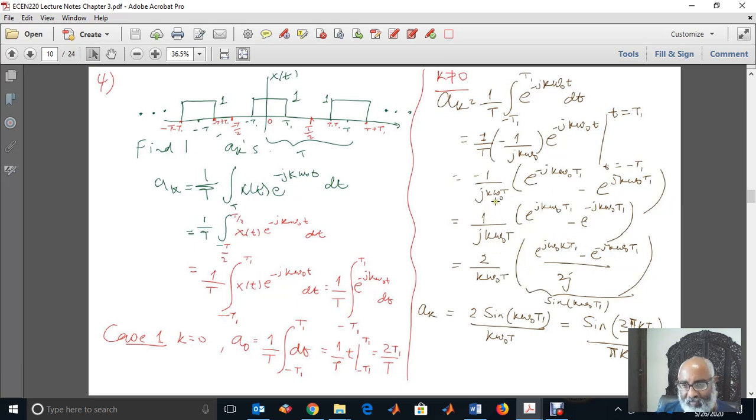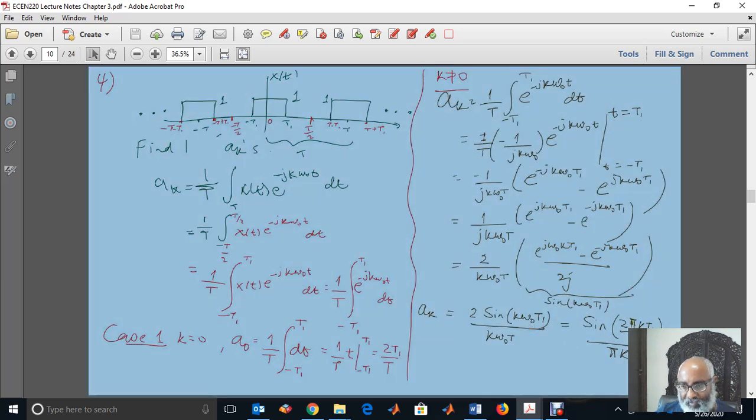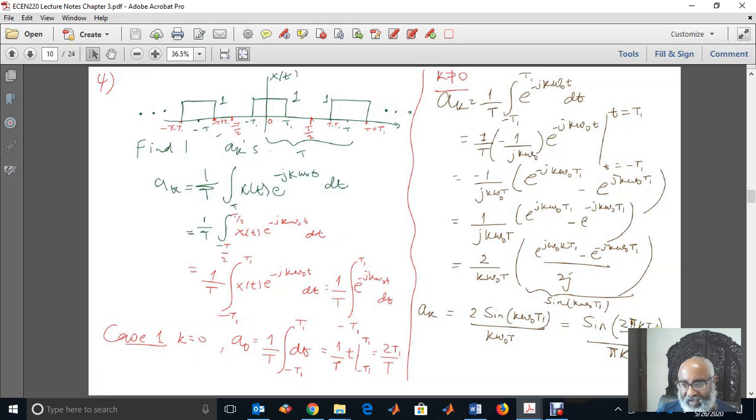So we multiply by 2 over 2, and I have here 2j, the 2 will cancel, and so it will be the same. So this part is sine of an angle, which is k omega naught times T1, right? Omega naught is 2 pi over T. So sine of 2 pi k T1 over T, over pi k.